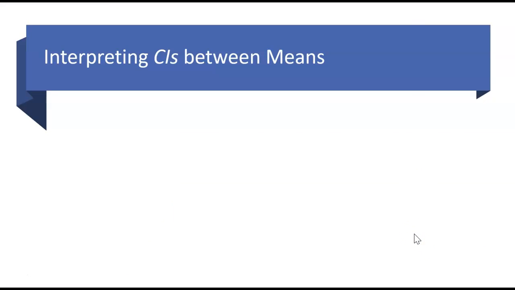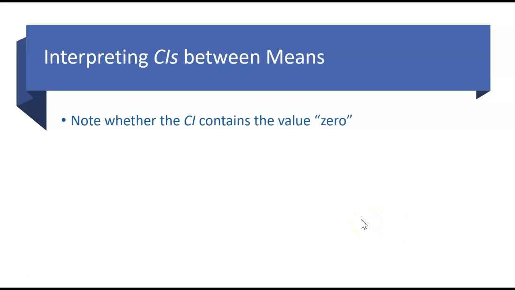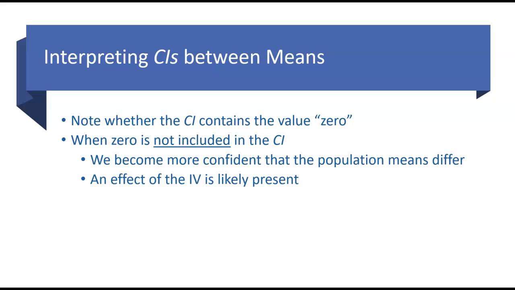Now, if we're trying to interpret these comparisons between means using confidence intervals, you do note that you can have a confidence interval that includes 0, or one that doesn't include the 0.